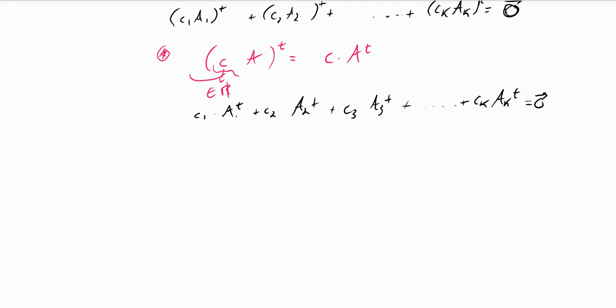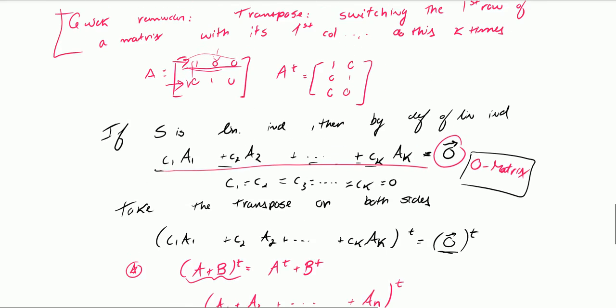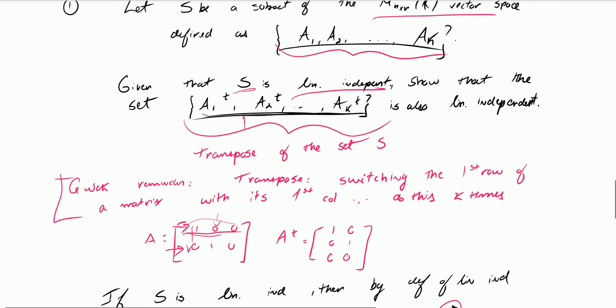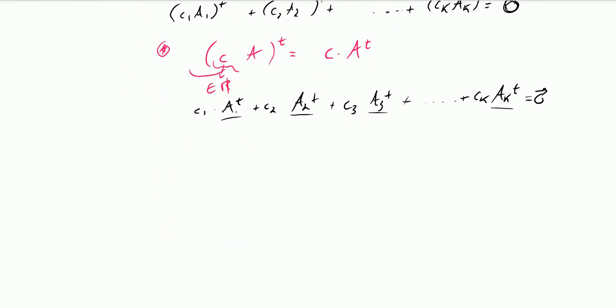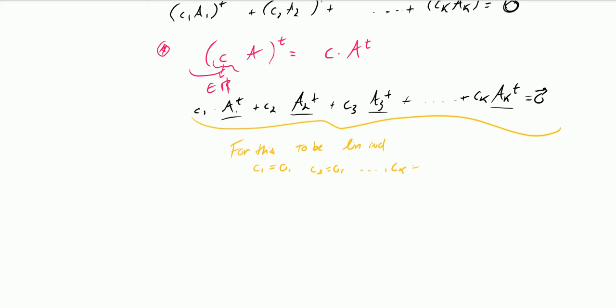So what do we have here? Well, we actually got the set that we were looking for: A1 transpose, A2 transpose, AK transpose. And remember what we were trying to show? We were trying to show linear independence. So for this to be linearly independent, C1 needs to be equal to 0, C2 needs to be equal to 0, and so on until CK equals 0, right?